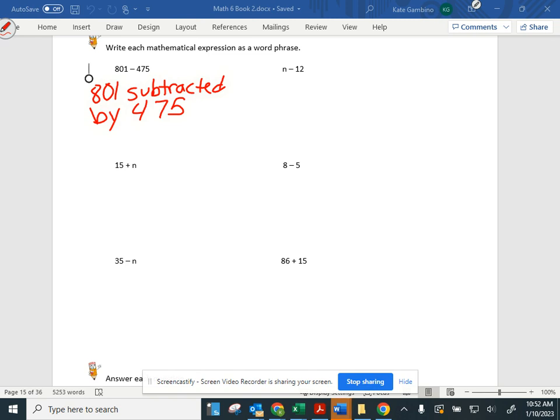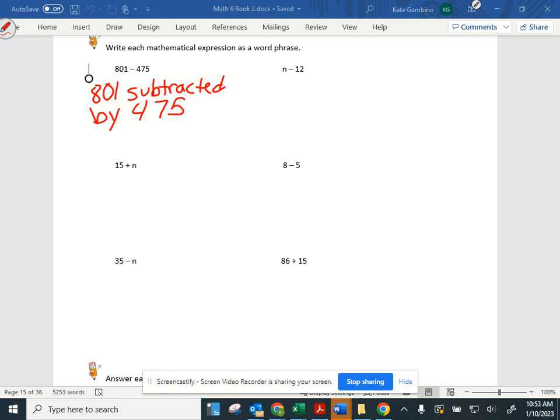Is that the only way I could put that expression? No, because we saw there were 4 different ways. What would be another way that would work? Aiden? 475 subtracted by 801? No, it's not going to give us the same answer, is it?